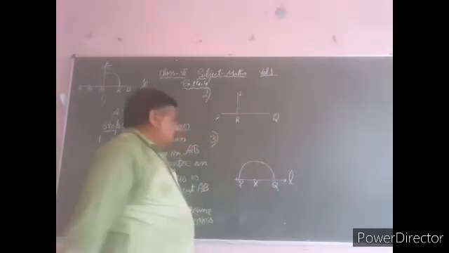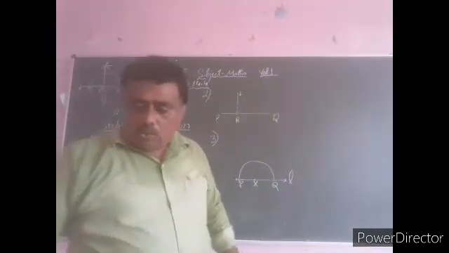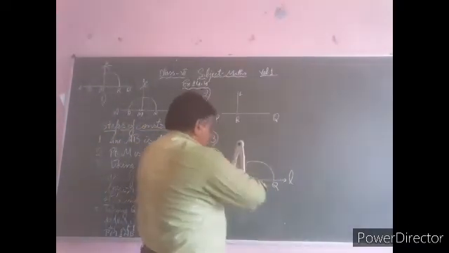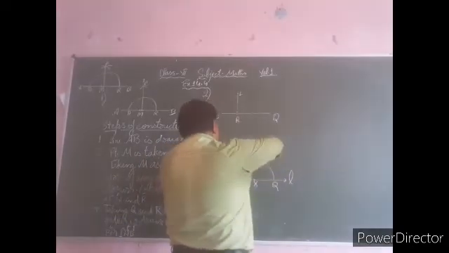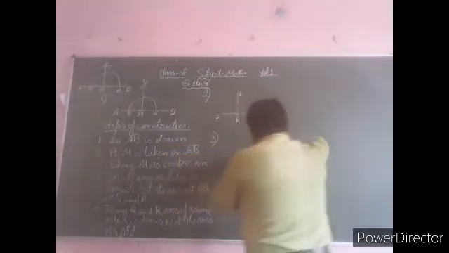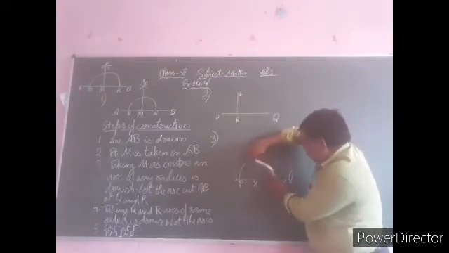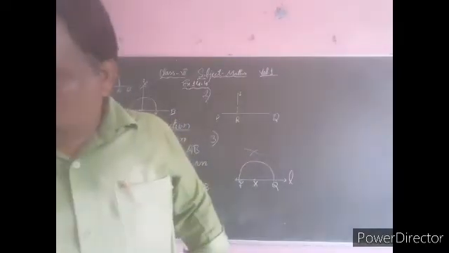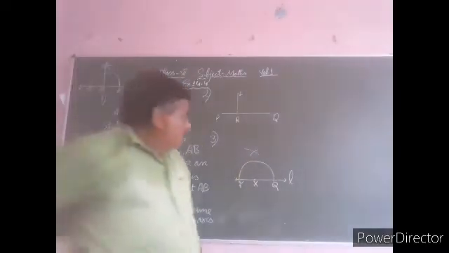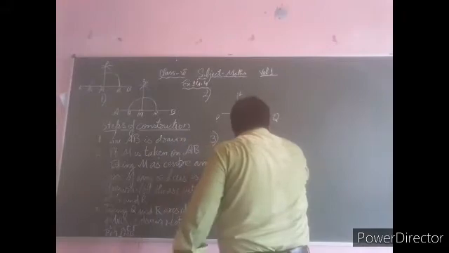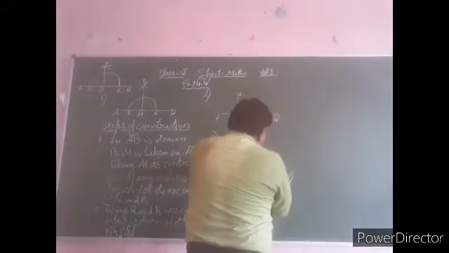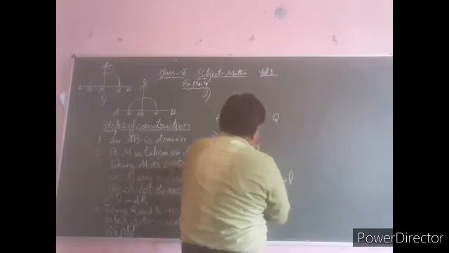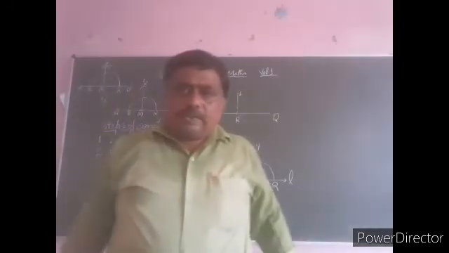Let it cut the line L at P and Q. Taking P and Q as the centers, arcs are drawn in this way of the same radius, and let them cut at Y. So join XY.